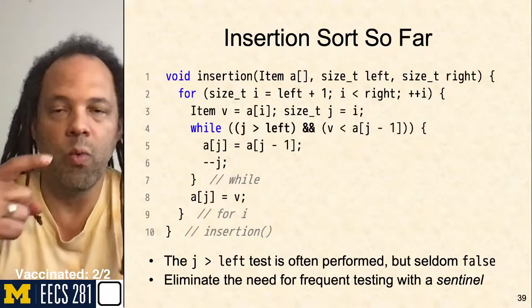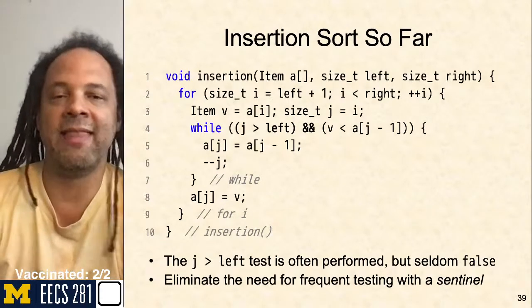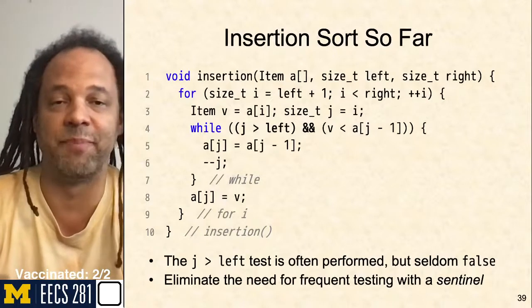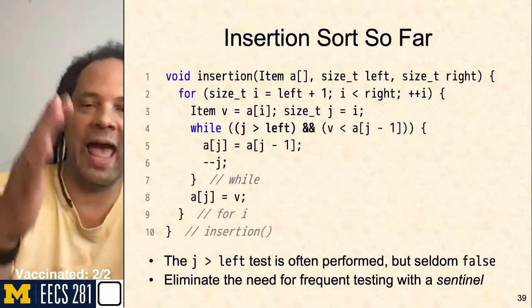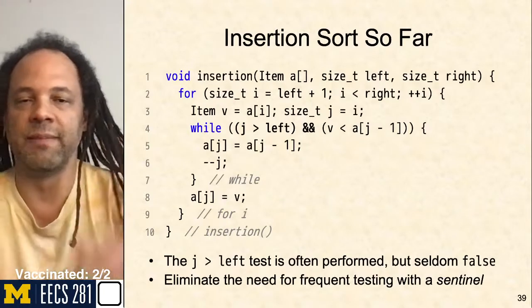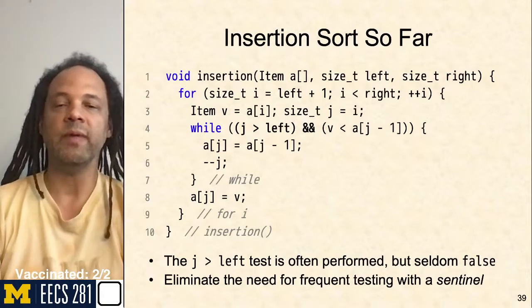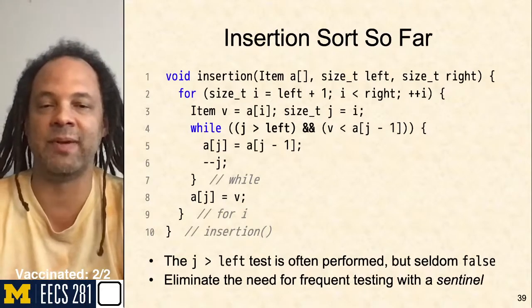So while I haven't hit the far left and the value that I'm looking at is out of place, move something over. That's what the while loop says. So we see here that this j is greater than left test happens all the time.